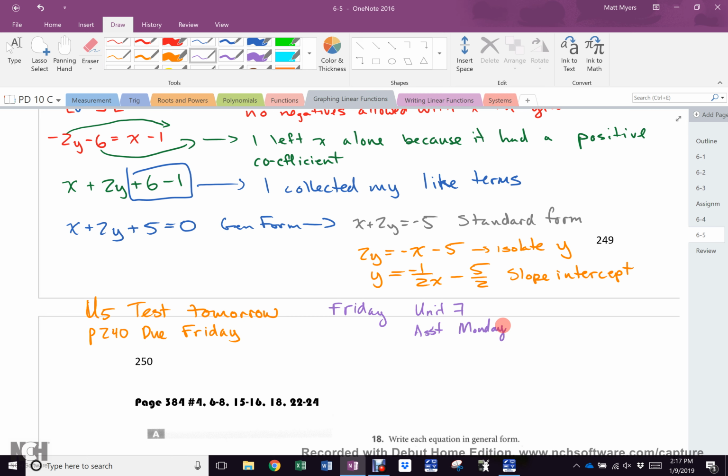Your final exam will be in this room on January 23rd in the morning. All right? First thing in the morning. You have the entire morning to do the exam, but it will be silent in here.